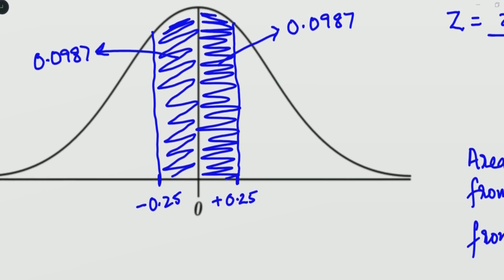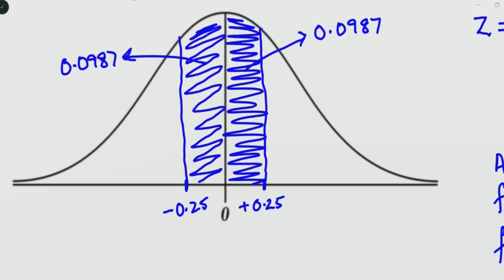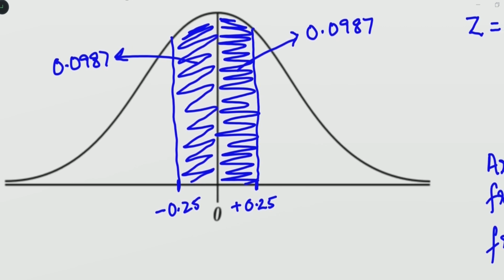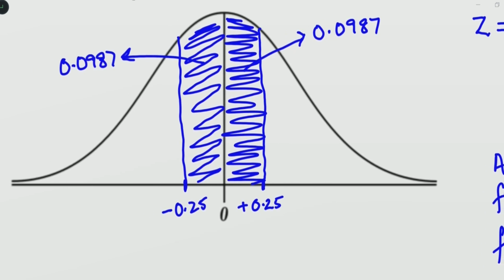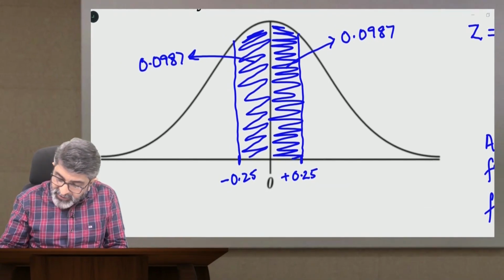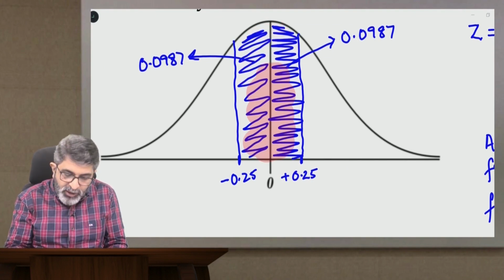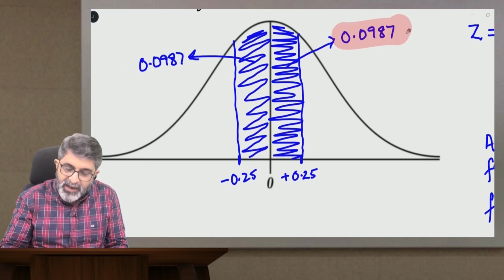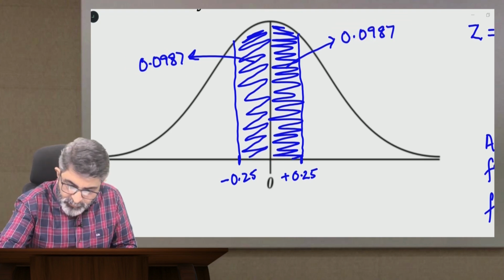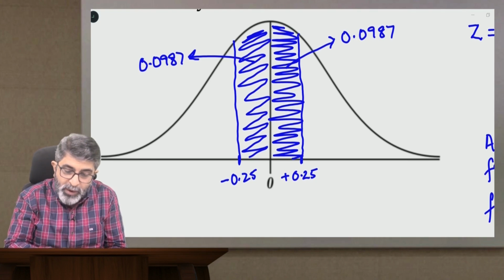And to identify the probability that the returns will be above 12% but up to 18%, that is, returns between 12 and 18%, you need to find this entire area, which is the aggregate of 0.0987 and another 0.0987. So if I pick the calculator and take 0.0987 plus the same, or just multiply by 2, what I get is 0.1974.